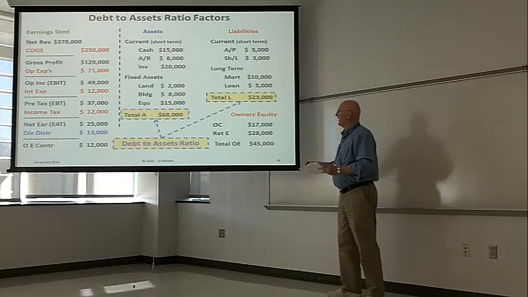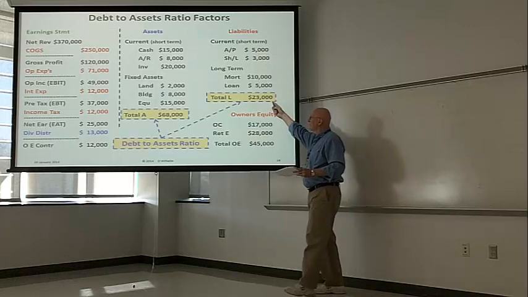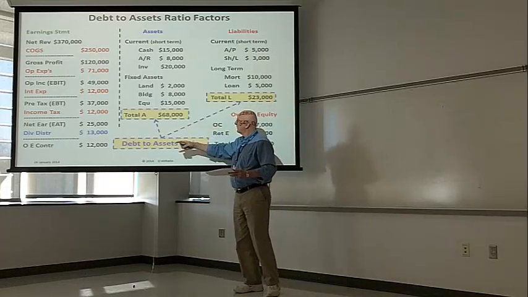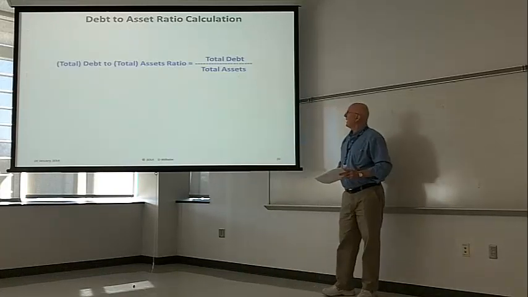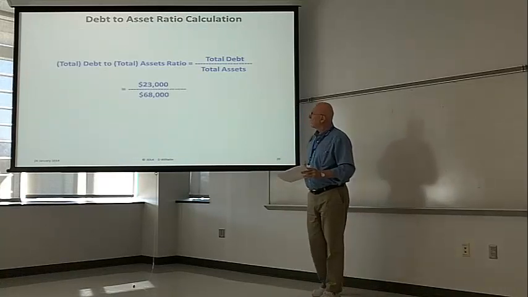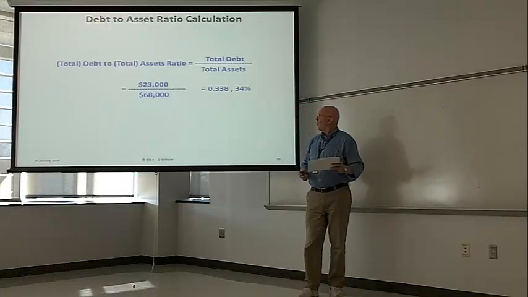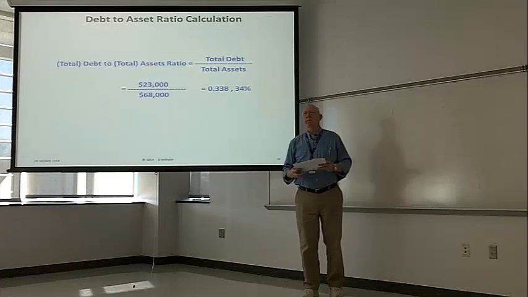For that, total debt, right here, 23,000, million really. Total assets, 68,000, millions really. And we divide that total debt by the total assets. 23,000 divided by 68,000, or 0.338, about 34%.